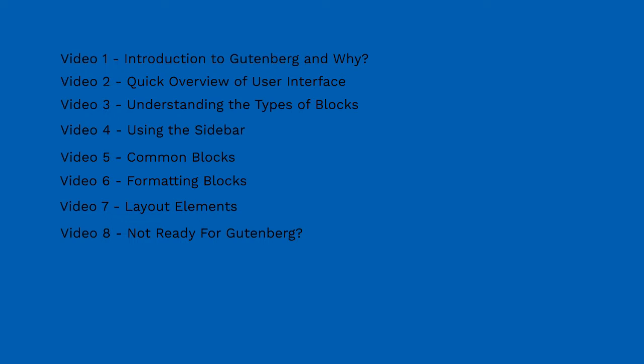How do you go about reverting to the old classic editor? This is a big thing. A lot of people do not like Gutenberg, so they prefer to go back to the classic editor. So we want to make sure that you have the options available to you if you choose to go down that route. And of course, last but not least, we've got video number 9, which is more editor options.